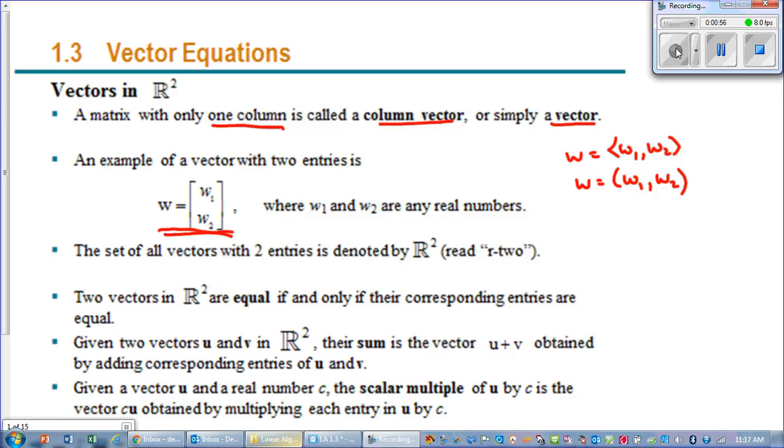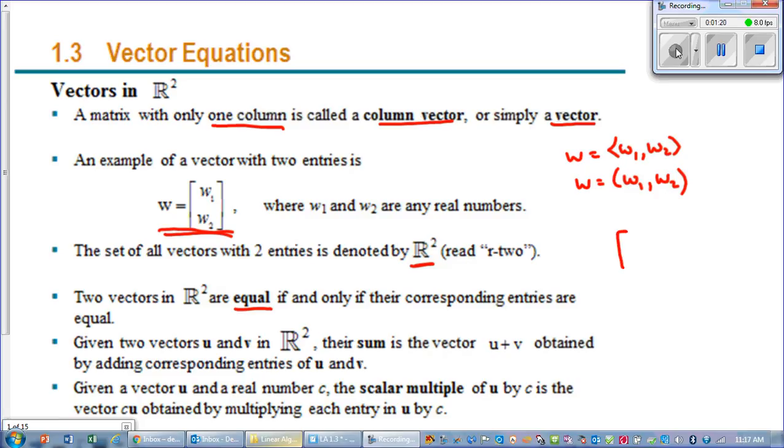You've got two different real numbers, W1 and W2. The set of all vectors with two entries is denoted by R2. This is a capital R representing real numbers, and then 2 is representing how many entries it has. Two vectors in R2 will be equal if and only if their corresponding entries are equal.